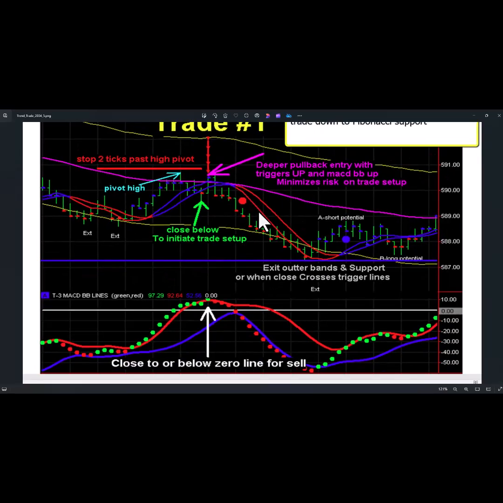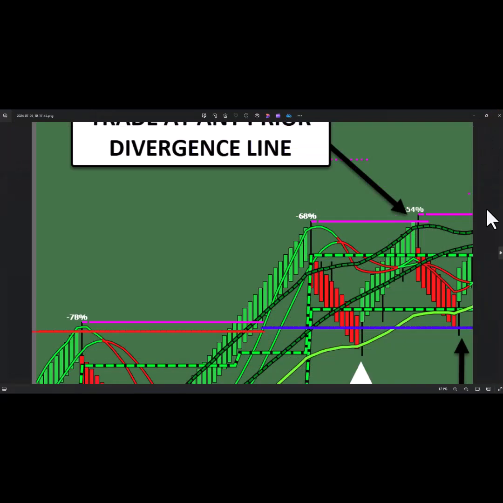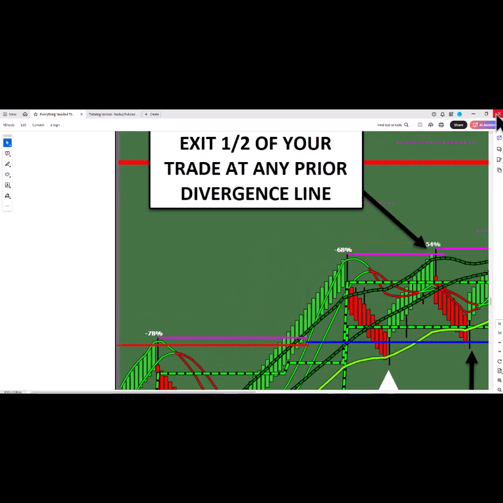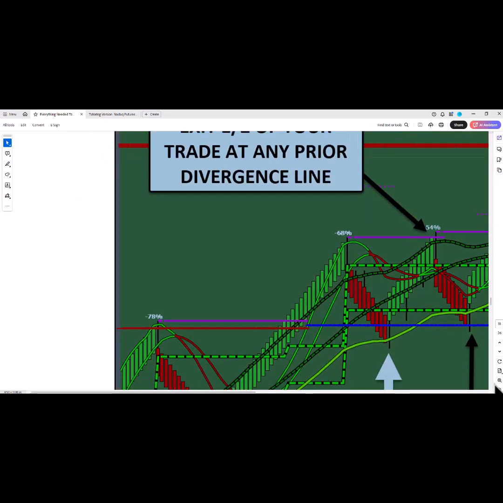We never had a large trigger back then. So we've done a lot of work with just the small trigger, and once you start doing it, you'll start to see things that pop up, like support's not going to break. Closing above the small trigger is another way to get back in. All right, let me get back to where I was.